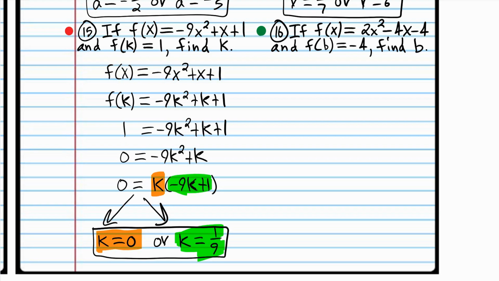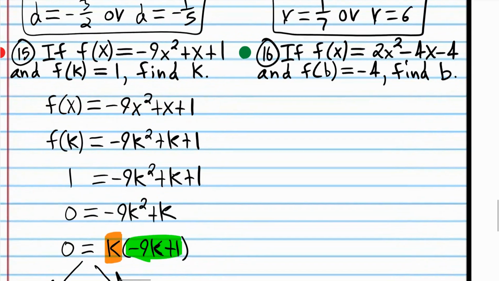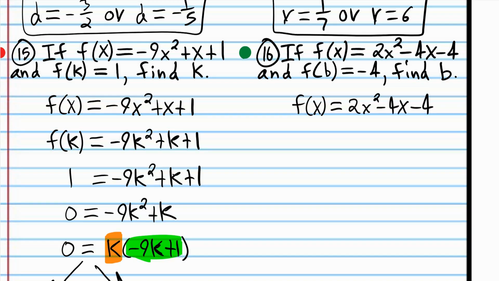Okay, we're back. So we know that f of x is equal to 2x squared minus 4x minus 4. But if that's true, that means that f of b is equal to 2b squared minus 4b minus 4.